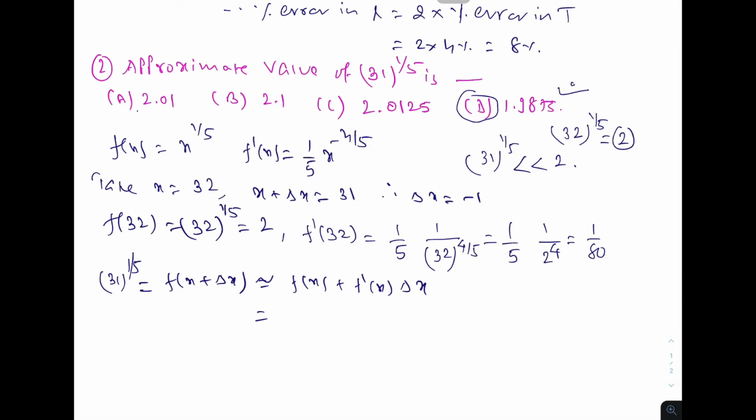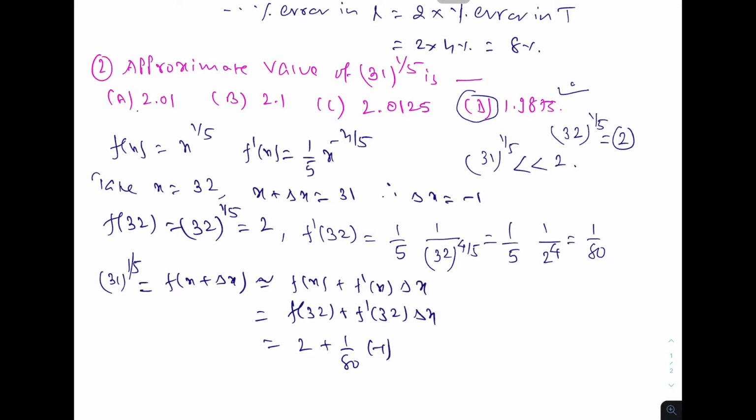So what is f(x) here? That is f of 32 plus f dash 32 delta x. f of 32 is 2, f dash 32 is 1 by 80, and delta x is minus 1.